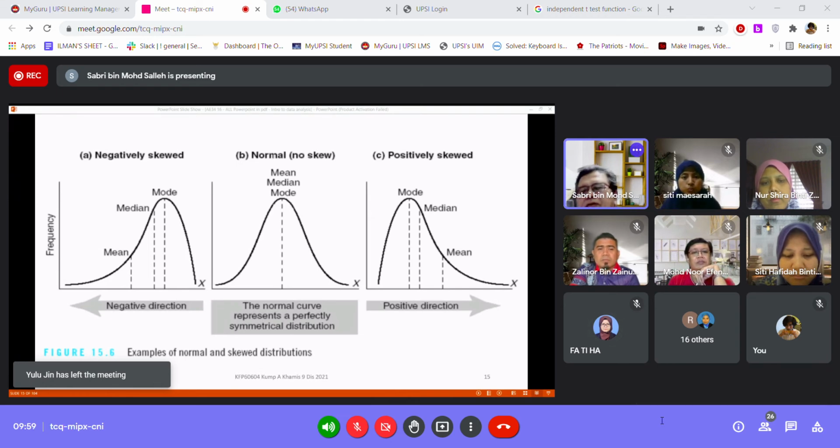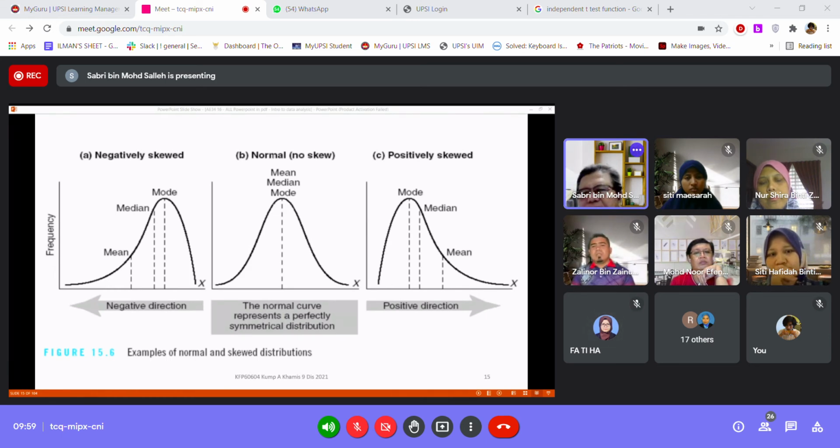Okay ya? So apa yang SPSS akan calculate ialah, dia akan calculate data kita dengan data yang normal ni. Jadi, hipotesis null kata apa dia? There is no difference between data normal dengan data kita. Hipotesis null kata there is no difference of a normal data and distribution of the sample data.